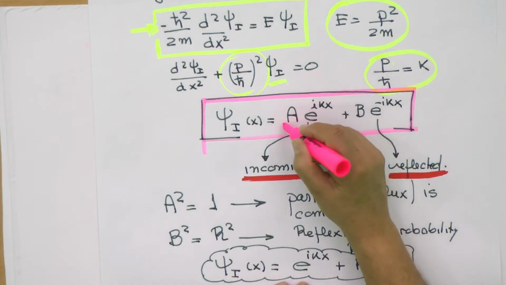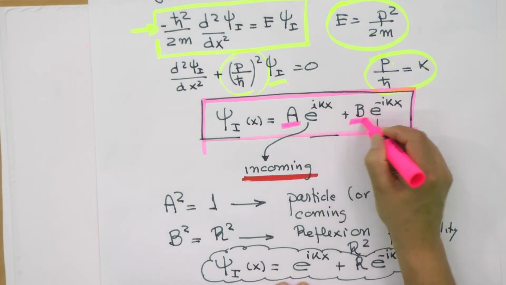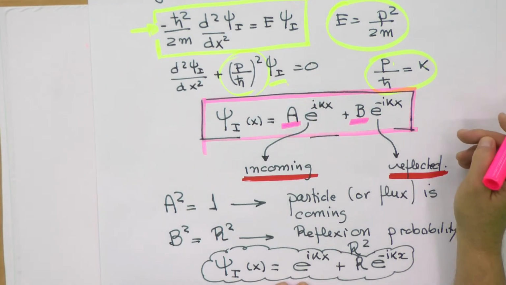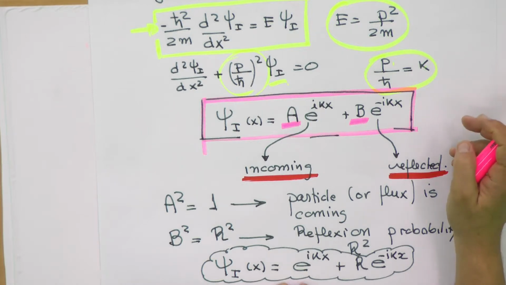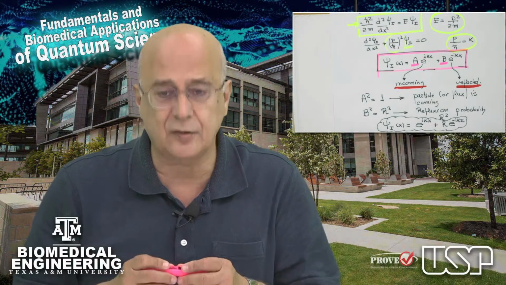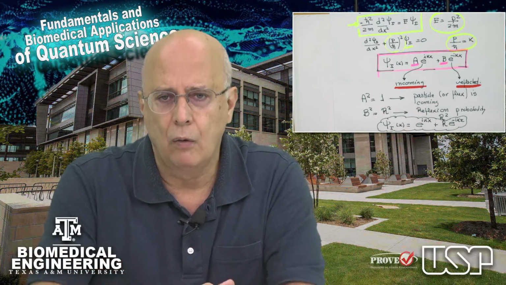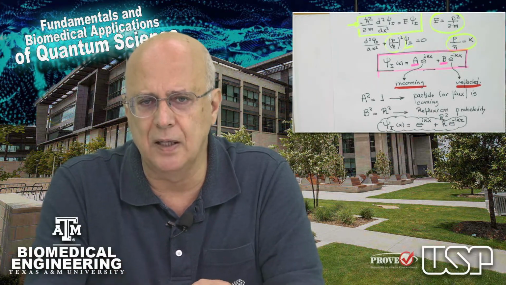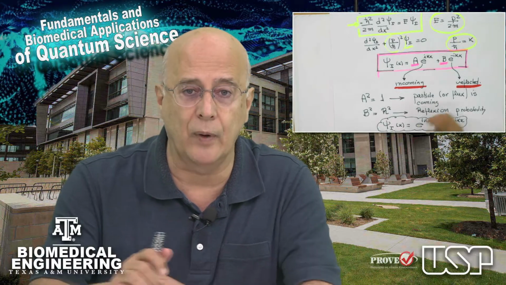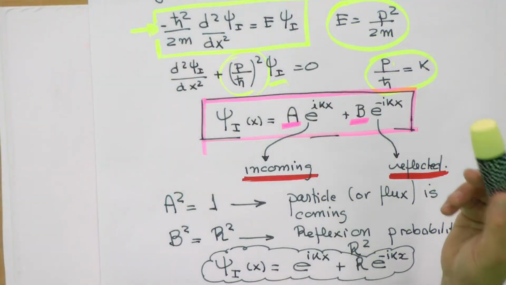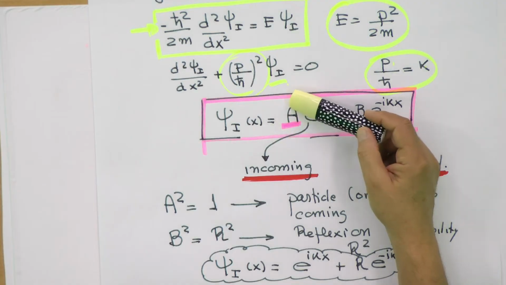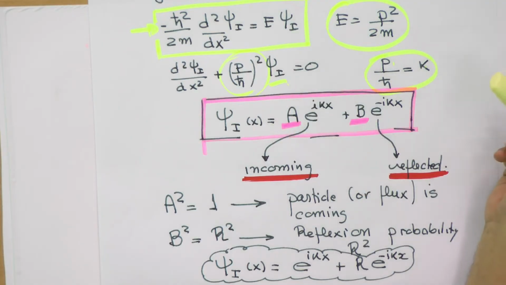Now, I leave here two amplitudes for those functions because we don't know exactly what they are, but we can determine them. Because I can ask you, what is the probability of finding, oh, by the way, you can already understand that the amplitude of the wave is related to the probability, right? We already showed that before.